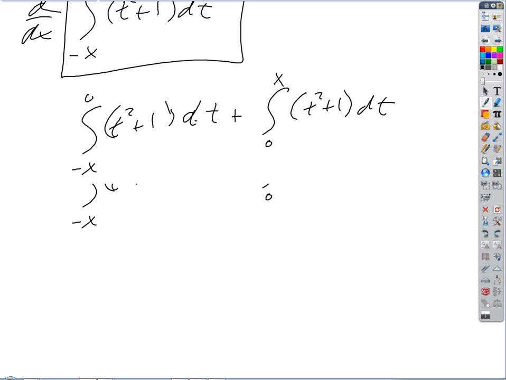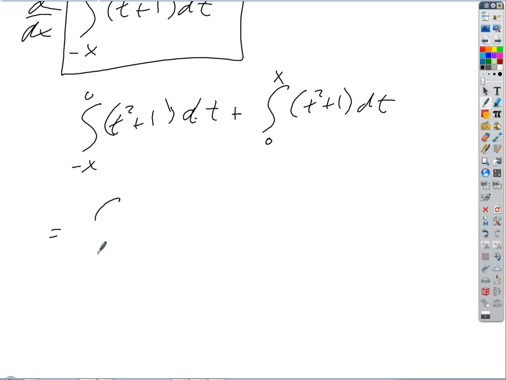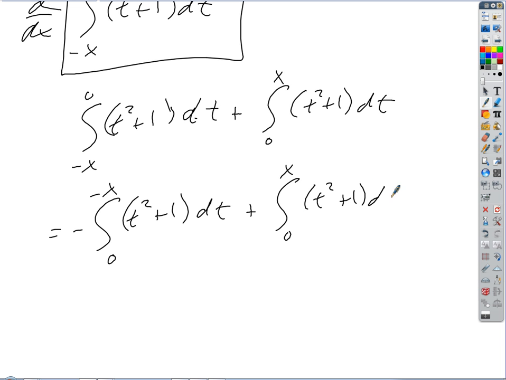So we could write it as minus the integral from 0 to negative x of t squared plus 1 dt, plus the integral from 0 to positive x of t squared plus 1 dt. All I did is switch that one. That's fine, because they're being added, they're separate areas.